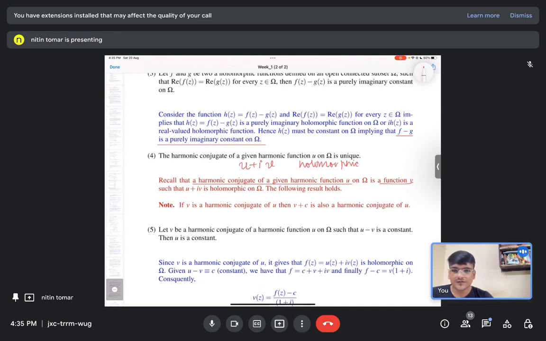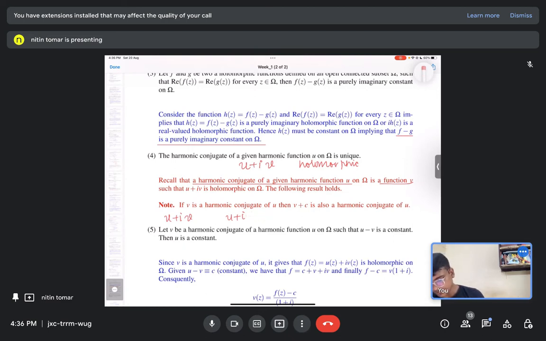Is this clear? The definition you must be knowing. So is this unique? The answer is no, right? Because if V is a harmonic conjugate, what does it mean? U plus iota V is holomorphic. Now you add any constant, let's say V plus 1, then this is also holomorphic, right? Because you are just adding one constant.